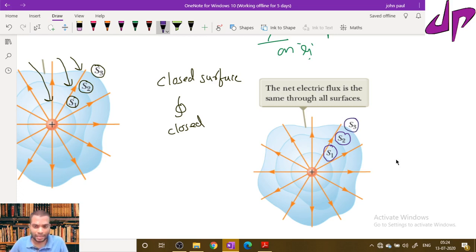And surface S3 is also bigger in size but irregular in shape. But whichever surface you select, it should be a closed surface, it is a very important case, and that surface should enclose the charge. The charge should be enclosed. So this is the very first condition to satisfy Gauss's law.